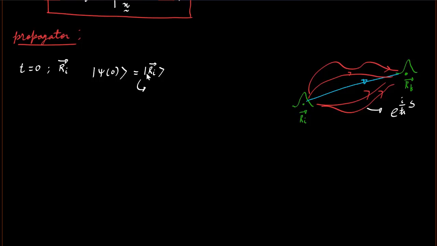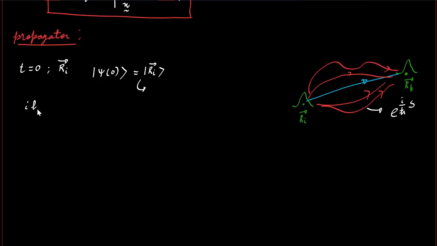Now we have our initial wave function at the initial position Ri. Then we can find the evolution of this wave function by using the Schrodinger equation.